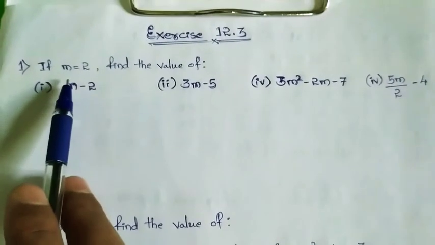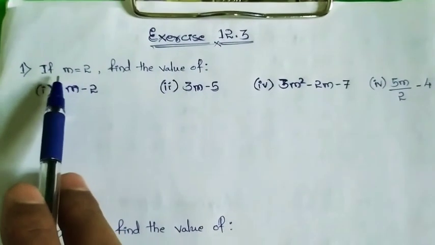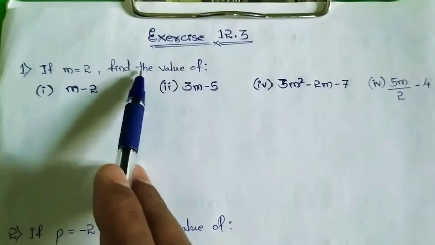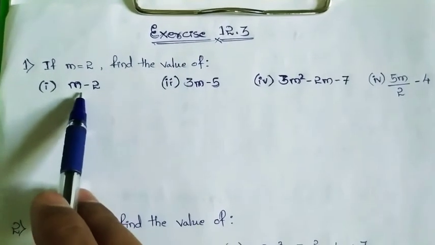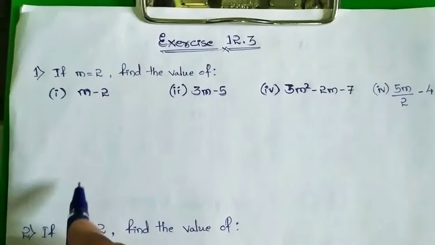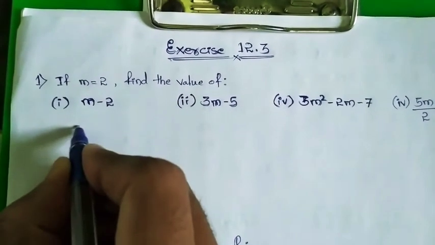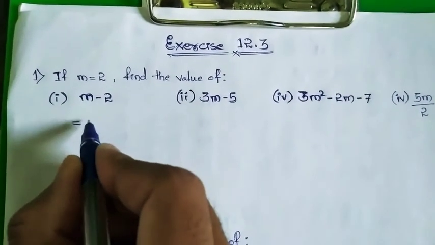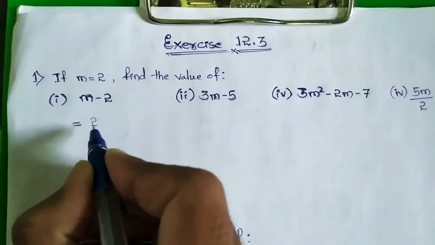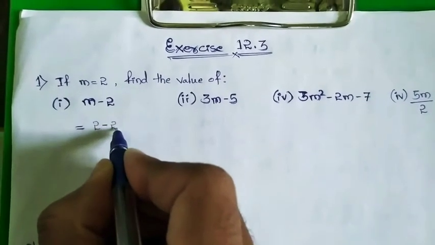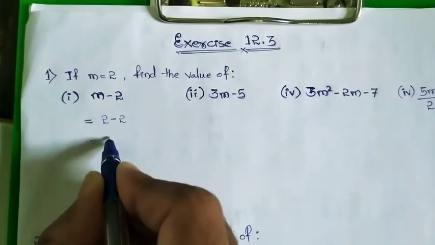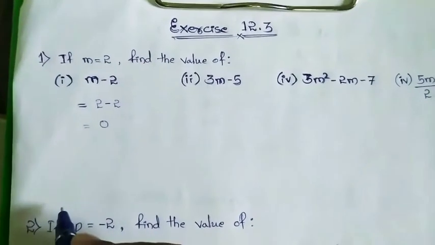In the first question of the exercise, m equal to 2, find the value of. In place of m we have to substitute the 2. In the first expression, m minus 2 is there. So m is 2, 2 minus 2, our answer will be 0.